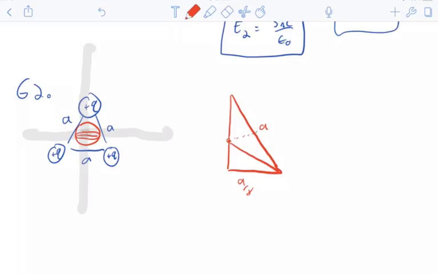Okay, equilateral triangle. These are all 60 degrees. So that means this one's 30 degrees, and this one's 30.